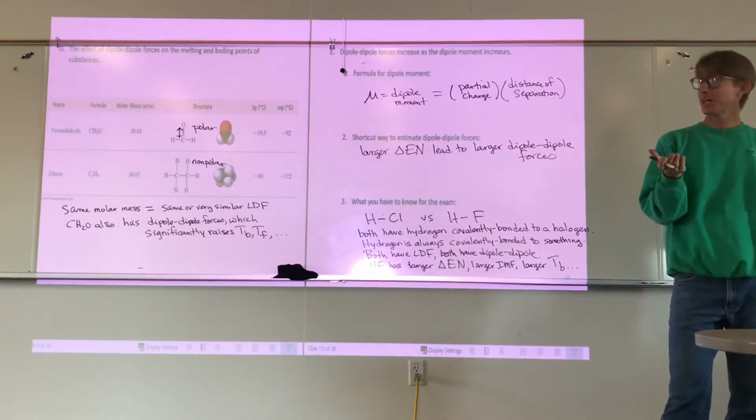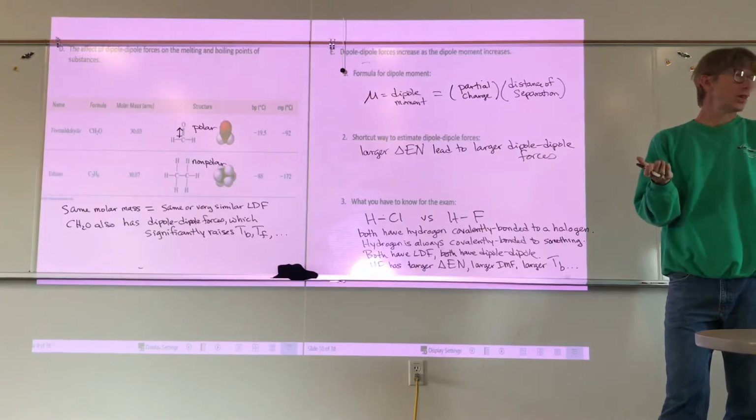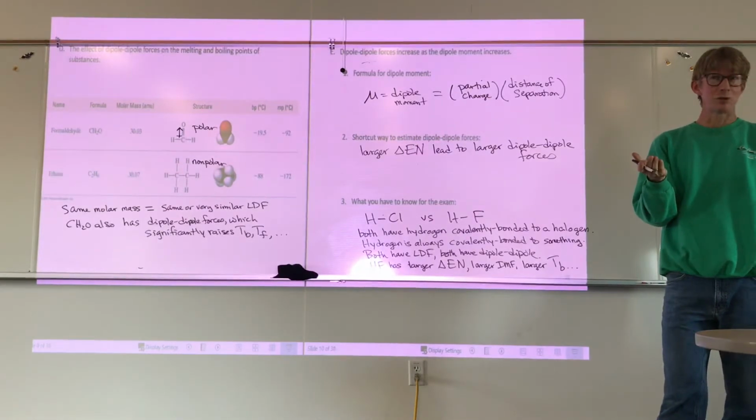Do you remember what I said about hydrogen bonding and its relationship to dipole-dipole forces last time? It's just a stronger form of dipole-dipole forces.